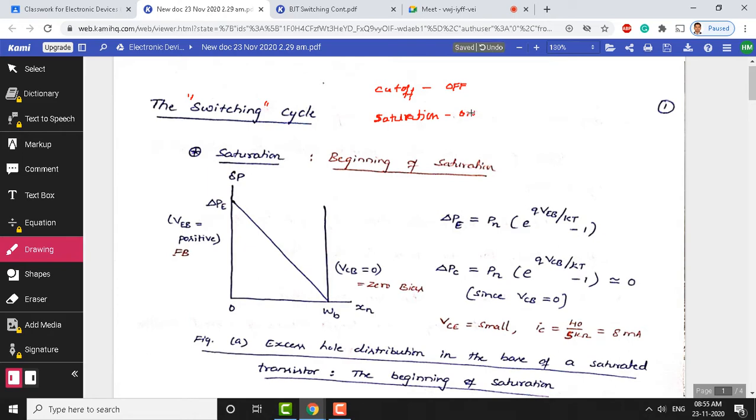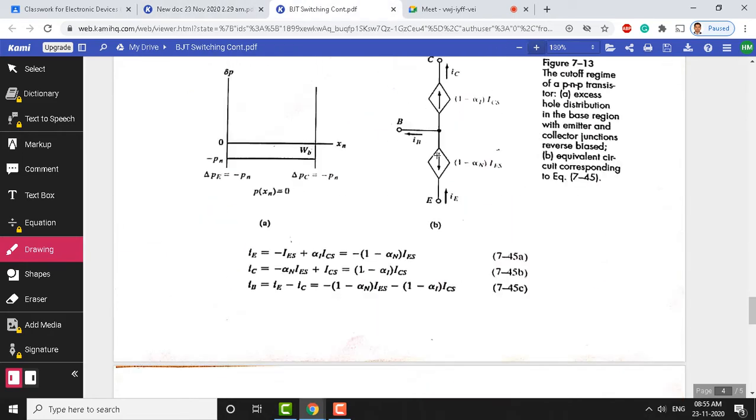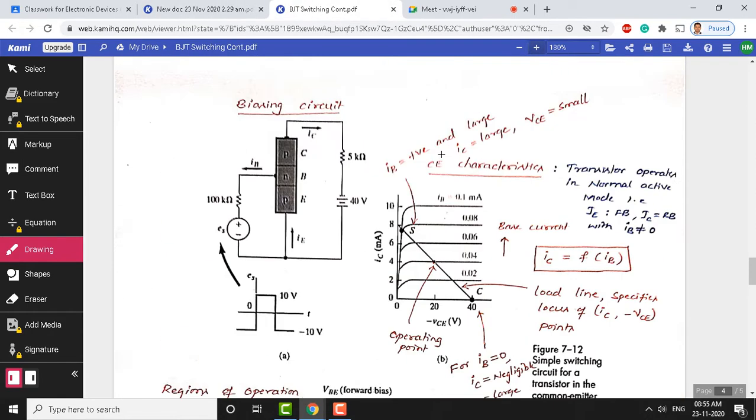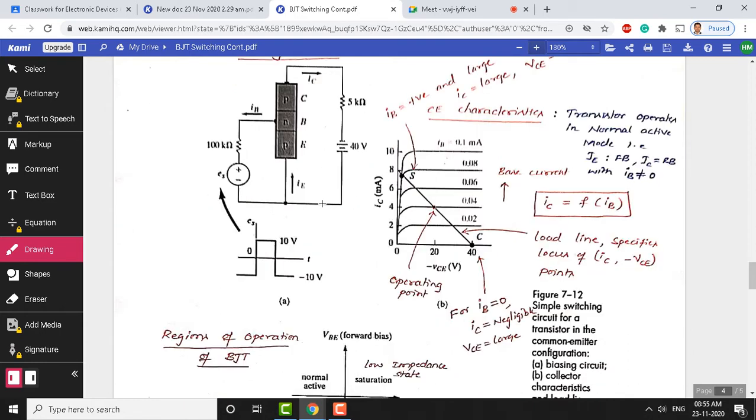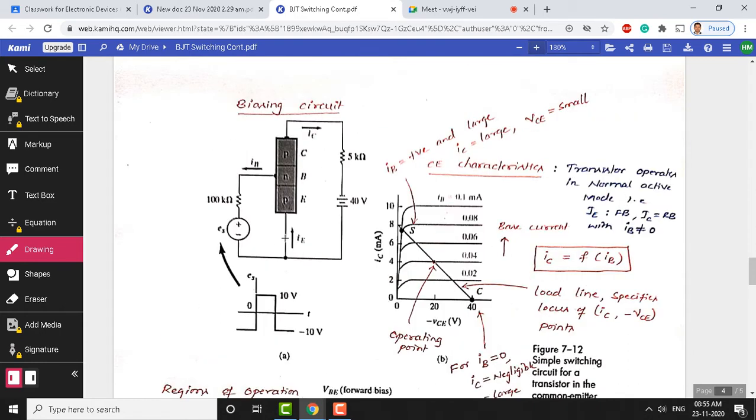Last class, if you remember, I showed you a few diagrams. This is the biasing circuit we have taken in the forward active mode in common emitter configuration, in the sense that base and emitter are forward biased, collector and base are reverse biased. We plotted the characteristics of VCE versus IC.